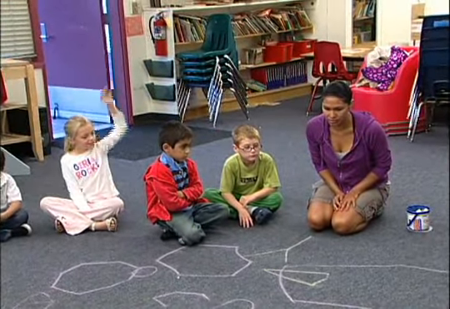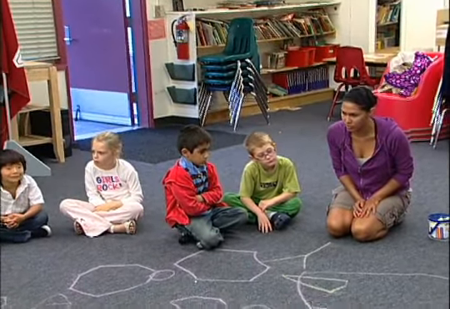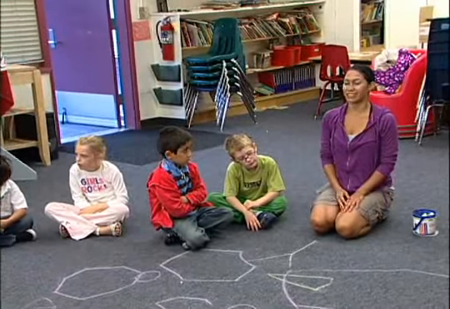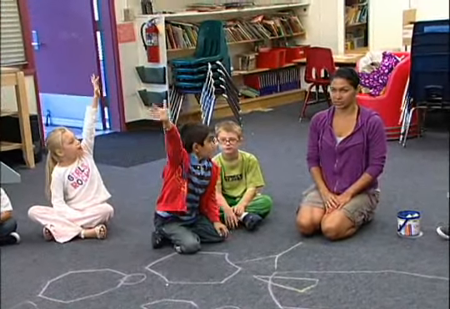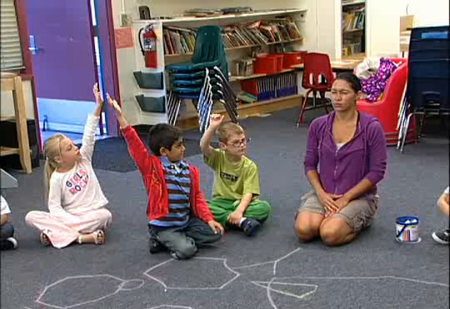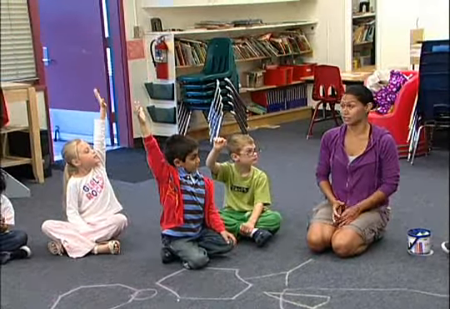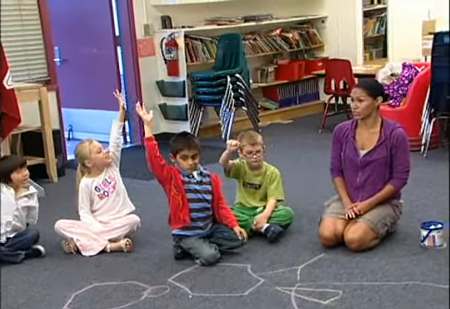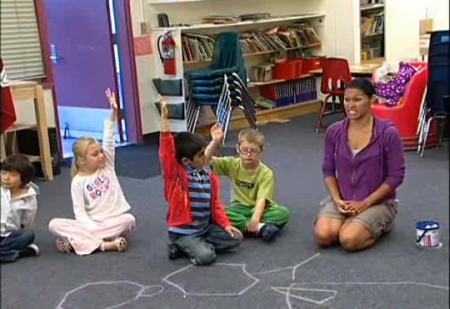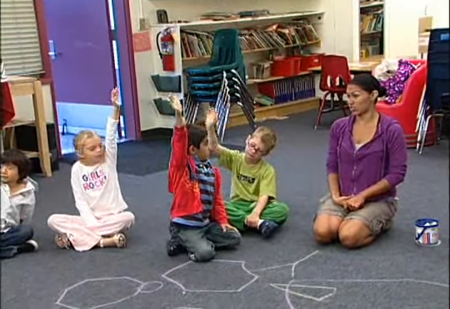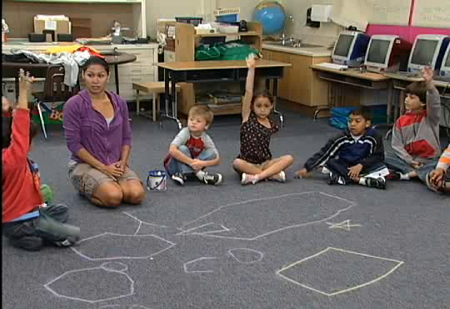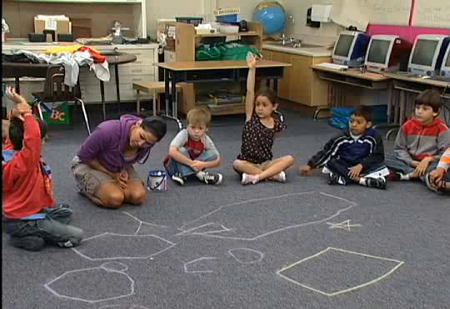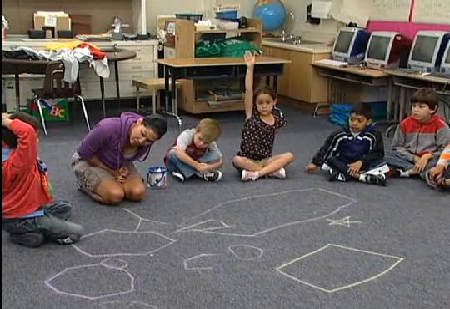Square, rectangle, circle, triangle, heart. There is one more. It has 4 sides. 4 straight. An oval doesn't have straight. Oval has curved. Andy, did you remember? Did you think of something?